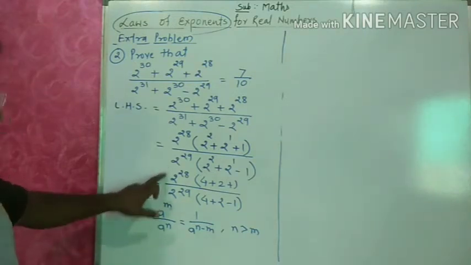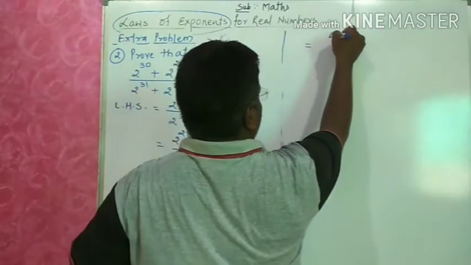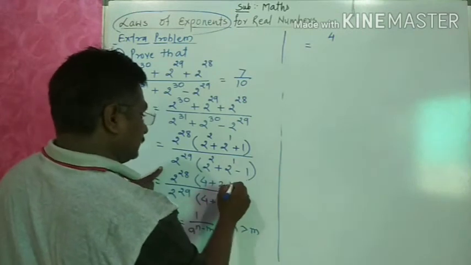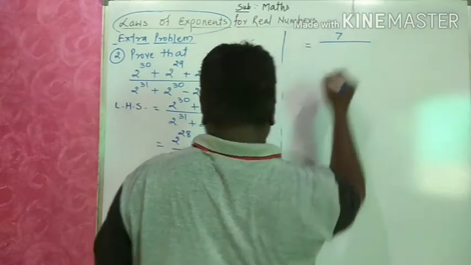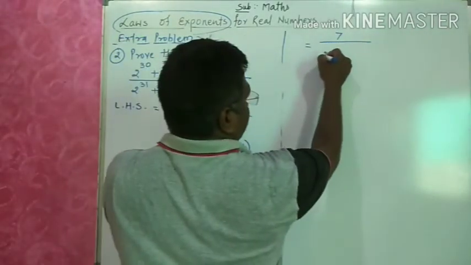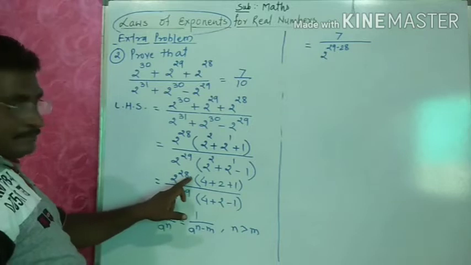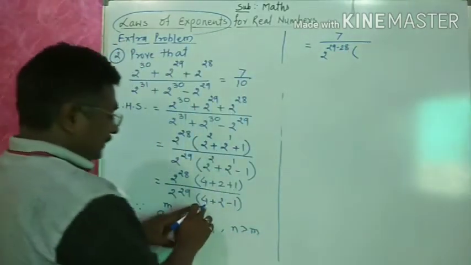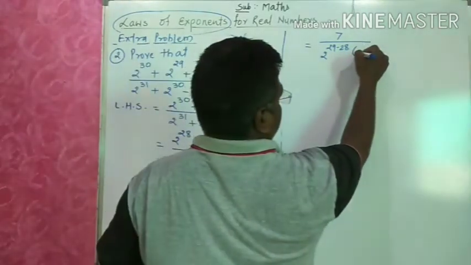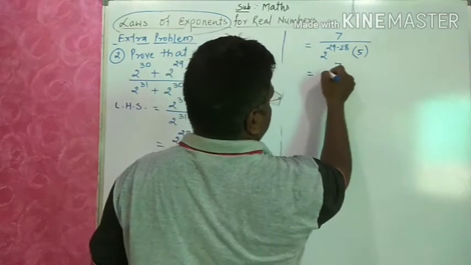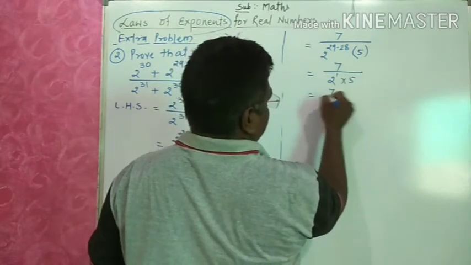So what will we get? 4 plus 2 plus 1 is 7, by 2 raised to the power 29 minus 28, that is n minus m. Then 4 plus 2 is 6, 6 minus 1 is 5. So 2 raised to the power 1 into 5, which is 7 by 10.